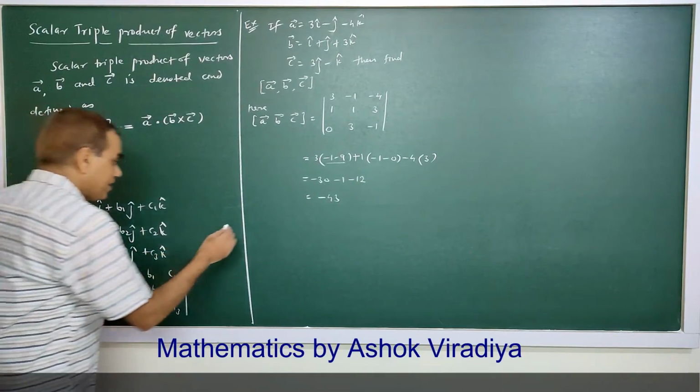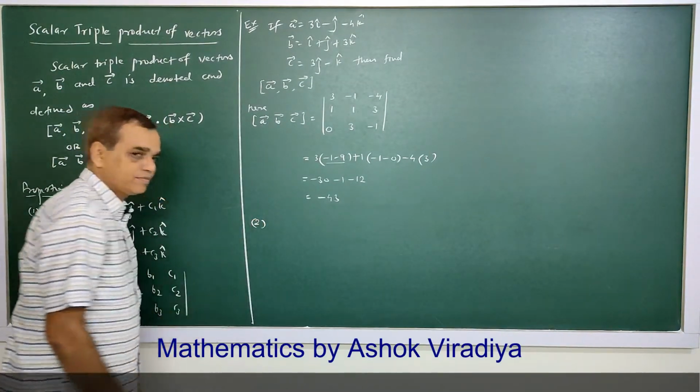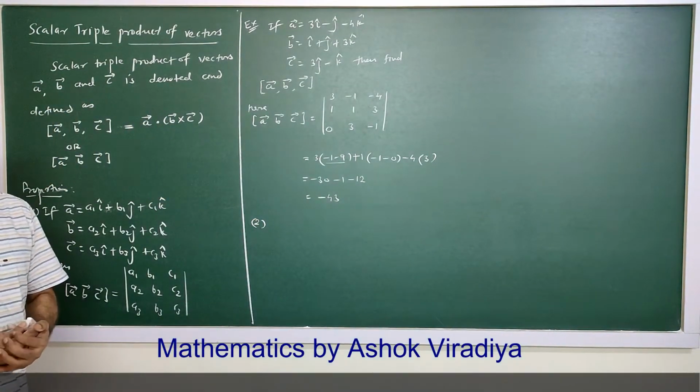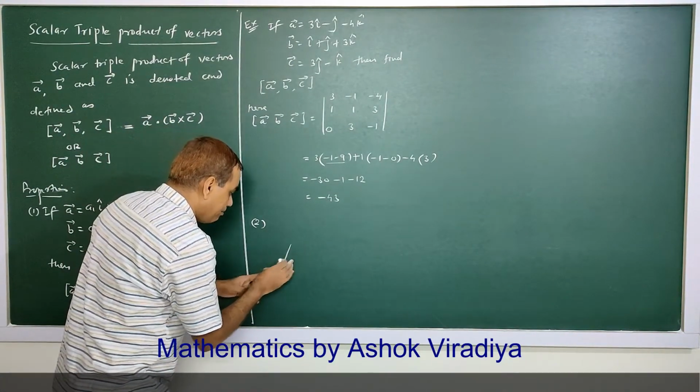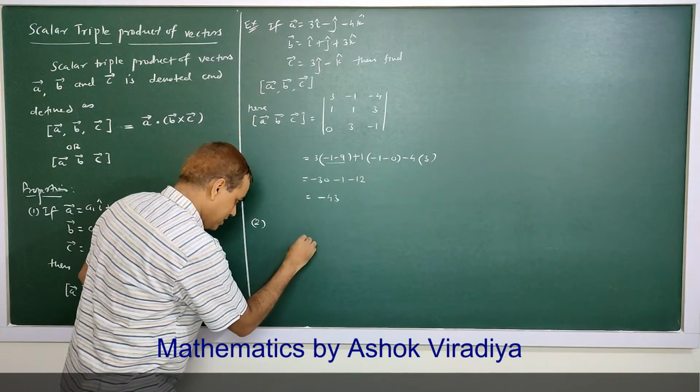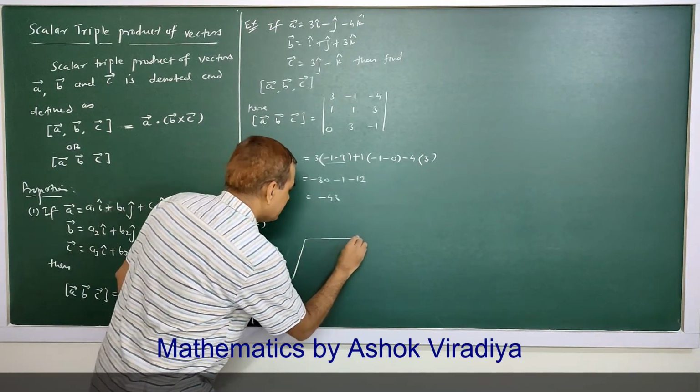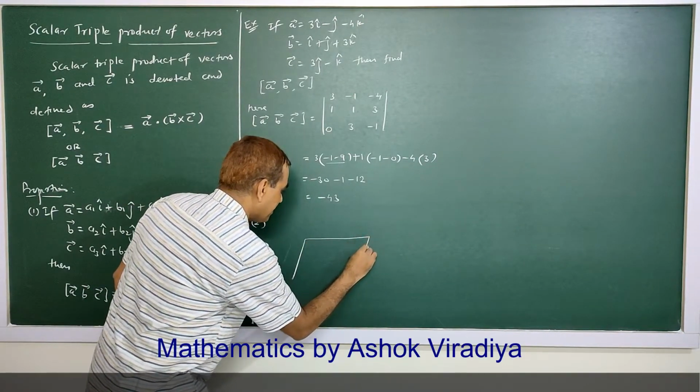Then the second property is, see here I take a parallelepiped. Suppose this is a parallelepiped.